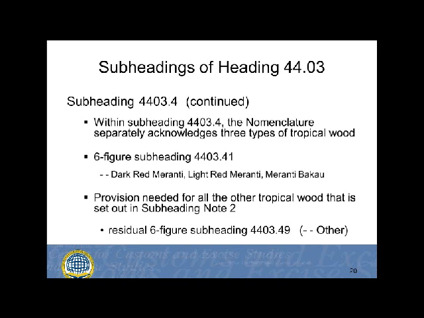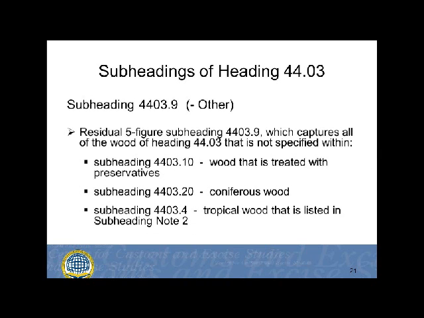Having done that, the harmonised system needs to make provision for all the remaining tropical wood that is set out within the subheading note 2. Therefore, we have a need for the residual 6-figure subheading 440349. And this is our second 2-dash subheading within that 1-dash subheading.